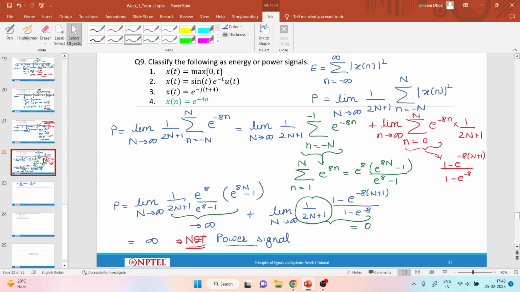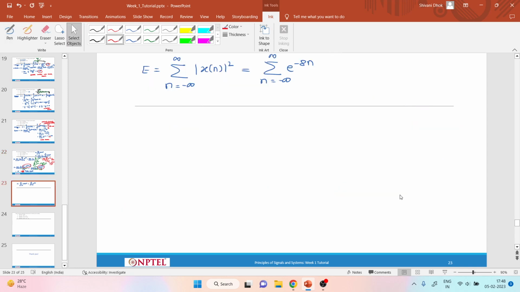Now if we look at these factors here, these summations will come up, that is this one and this one, but now my n will be tending to infinity. That is, if I write it something like this, it will be n running from minus infinity to minus 1 e power minus 8n plus summation n running from 0 to infinity e power minus 8n.